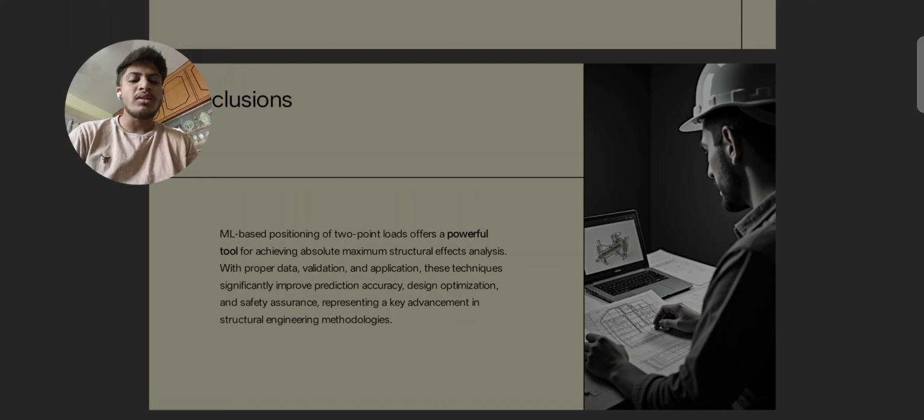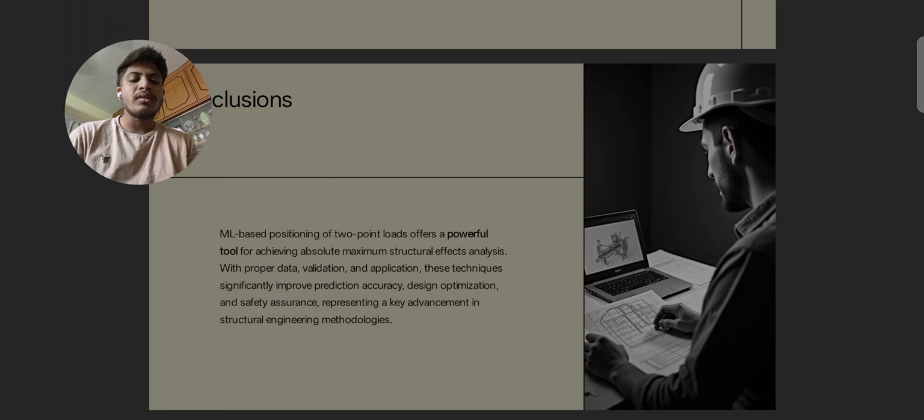It enables cost effective structural design, efficient material use, proactive maintenance, and real-time safety monitoring by integrating ML predictions with traditional engineering analysis. Structures can be designed to withstand dynamic and variable loading conditions with high confidence while also minimizing over design and construction costs.